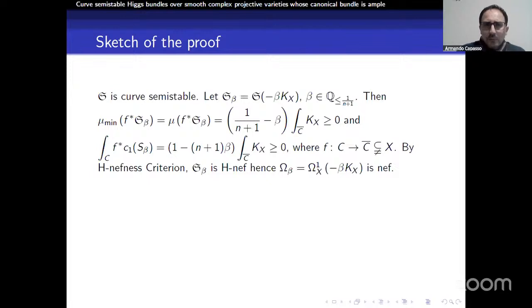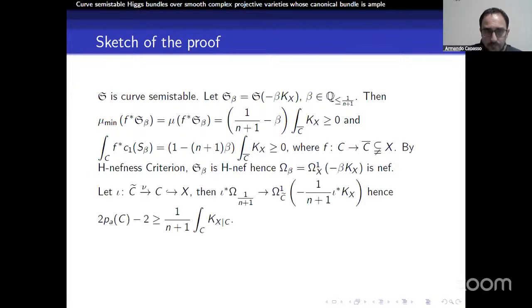And by simple computation, this is equal to the following number. And of course, by simple computation, one has this inequality, because I repeat, the canonical bundle is ample. Here, f is a morphism from C to X. By the Higgs nefness criterion, sigma S beta is Higgs nef, hence omega beta is nef in the usual sense.